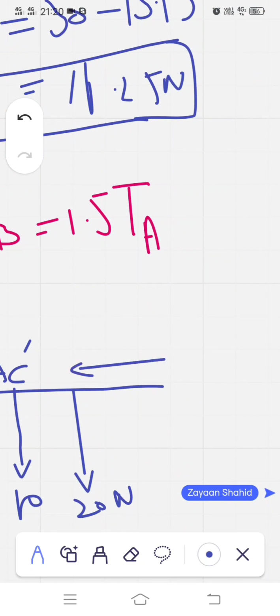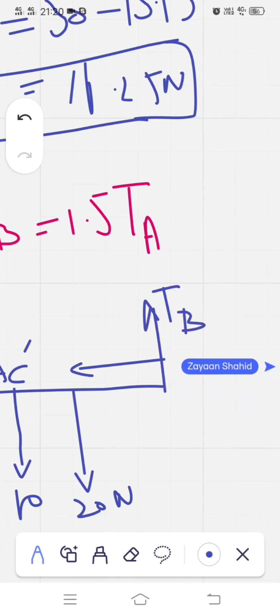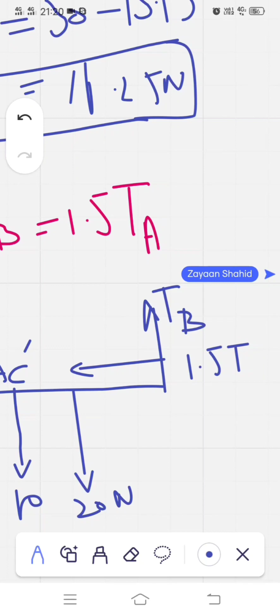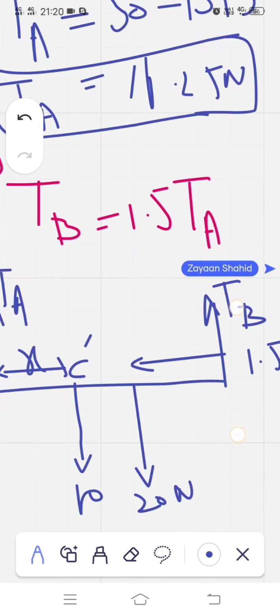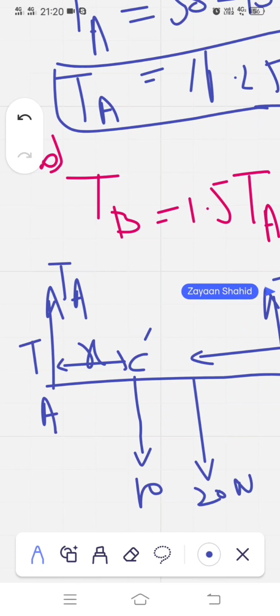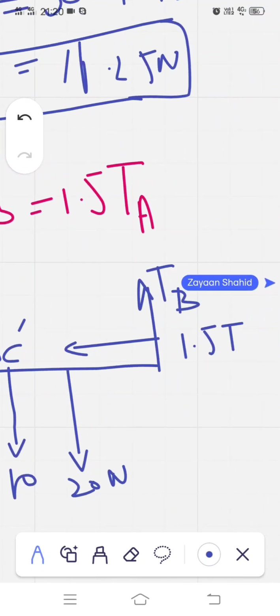This is the tension B, and tension B is 1.5 times the tension A. So if this is T, then this is 1.5 T. This is the point B. This distance is 2 meter.